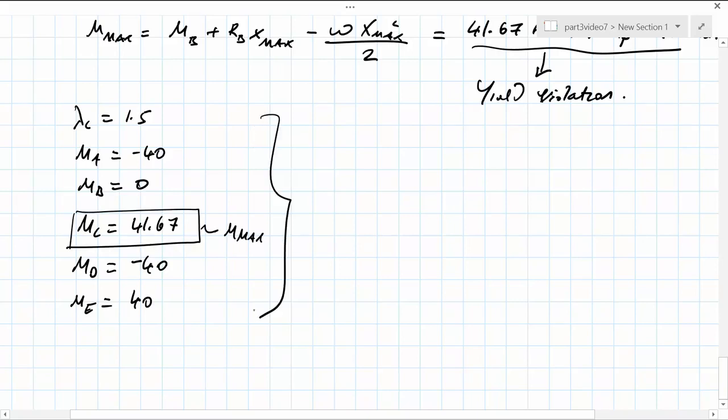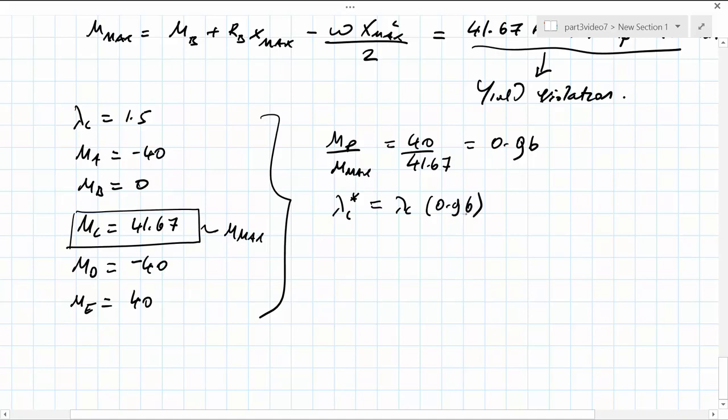With this information to hand, we scale down MP by M max. We end up with a factor 0.96, and we can then derive a new plastic collapse load factor, lambda c starred, which is equal to lambda c times 0.96, which is equal to 1.44.